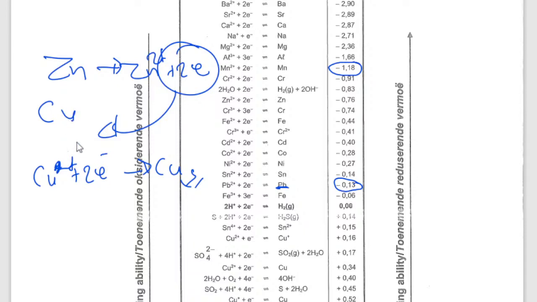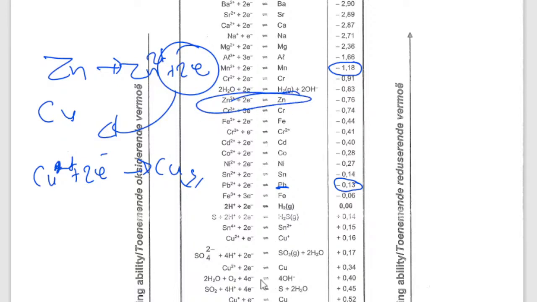You cannot go to someone who is rich when you are poor and then give to the rich. No, it's the rich who is supposed to give to the poor one. You understand? So zinc is more rich, more reactive. So it gives out electrons to copper, which is in need. So when you look at zinc here, you find out that zinc is here.